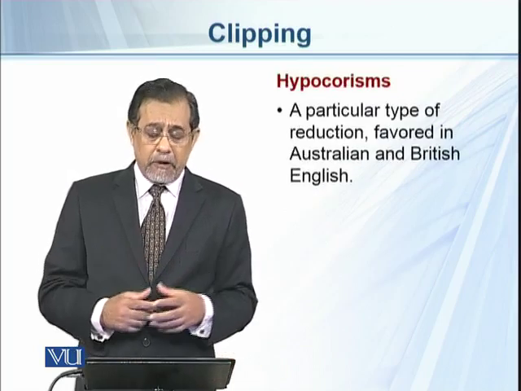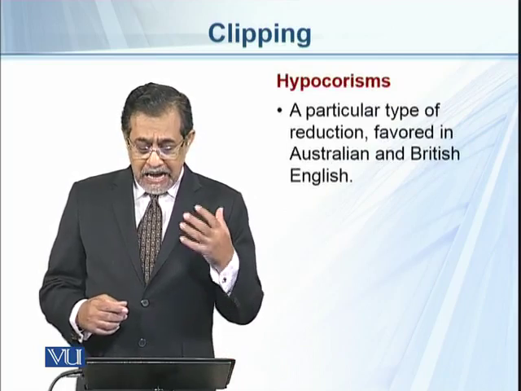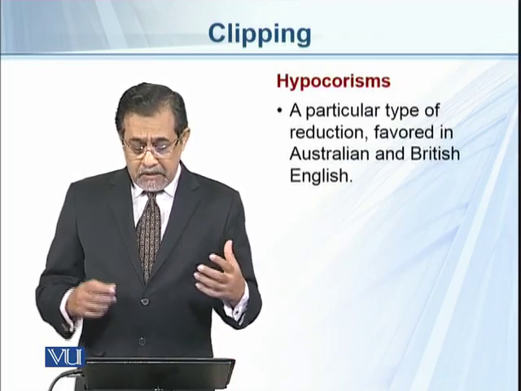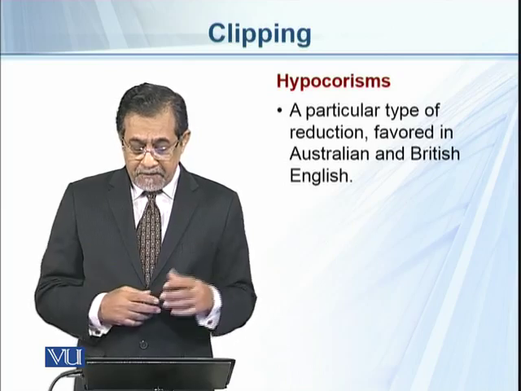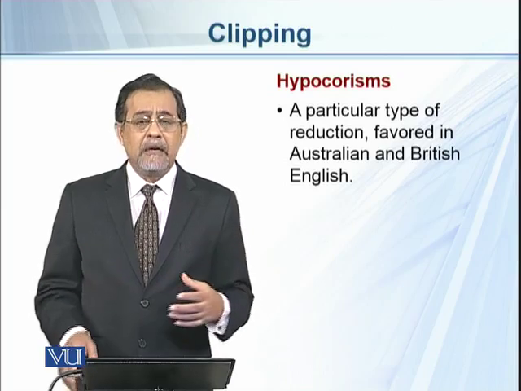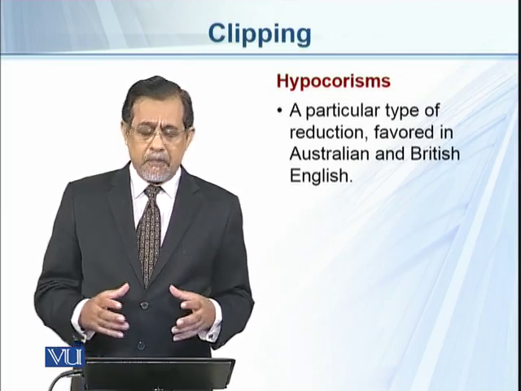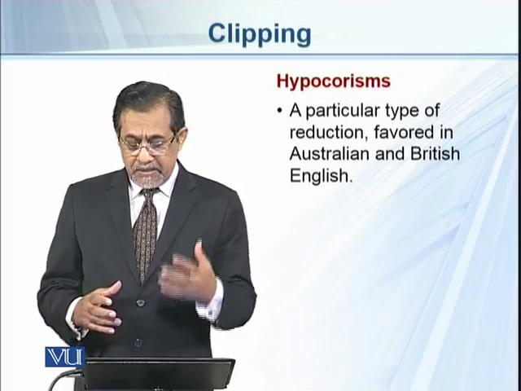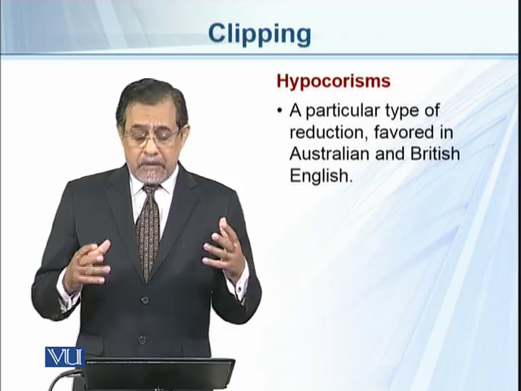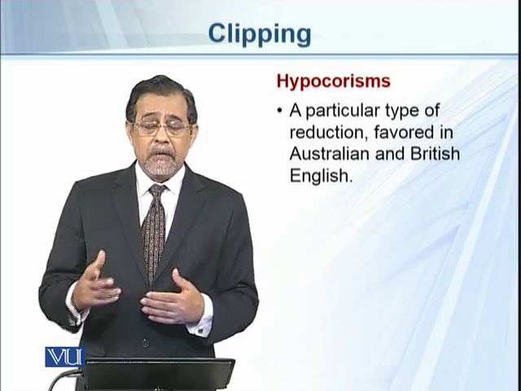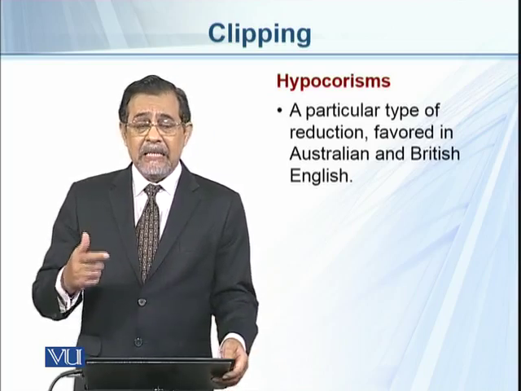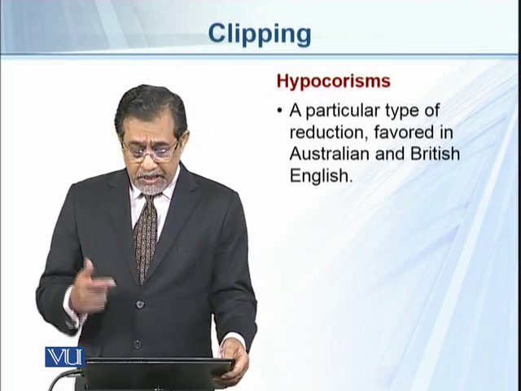Similarly, another aspect of clipping is hypocorism, a particular type of reduction favored in Australian and British English. This is a very common practice, in which we clip part of the word and add -ie or -y to it.